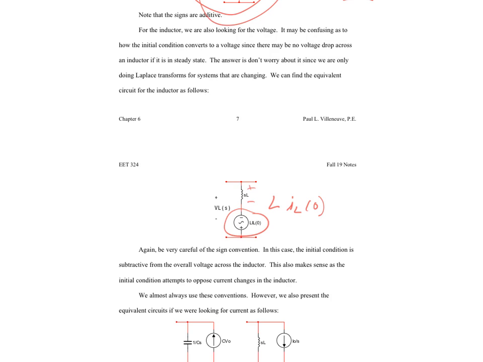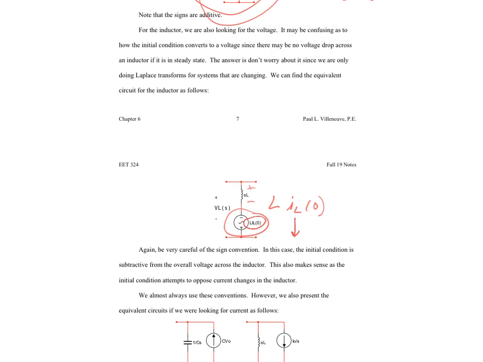You will note this is not shown as a current source. It's shown as a voltage source, right? But that's okay. We've just converted it by multiplying it by that L value. So in the Laplace domain, the current equivalent with an initial charge is a little bit goofy because we say, hey, we want a current source to be continuously flowing.